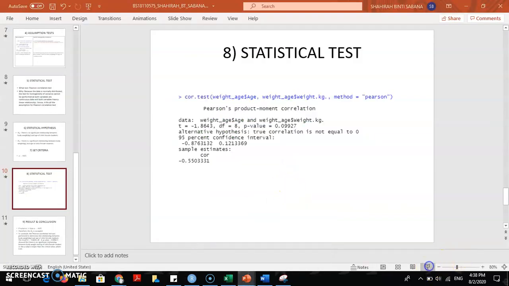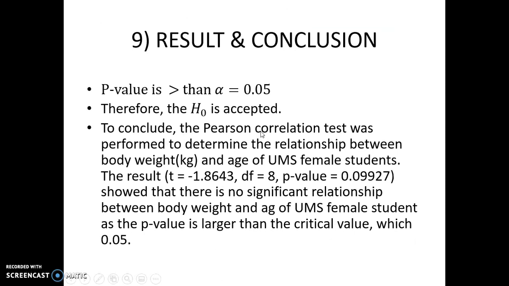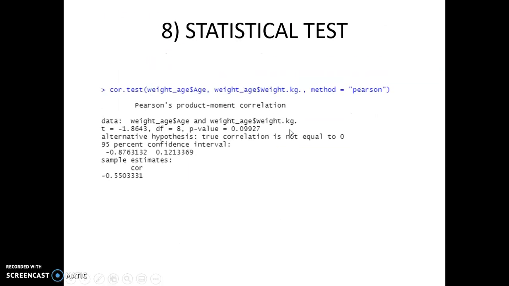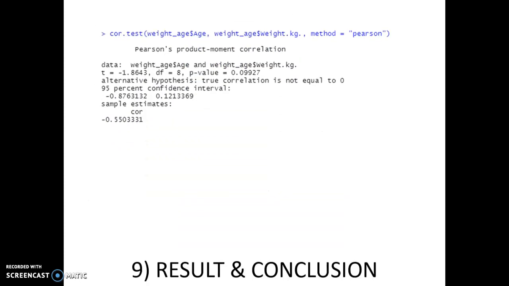As you can see here, the p-value is larger than 0.05. So the result: as the p-value is larger than the critical value, the null hypothesis is accepted. The null hypothesis stated that there is no significant relationship between the body weight in kilogram and the age of UMS female students.